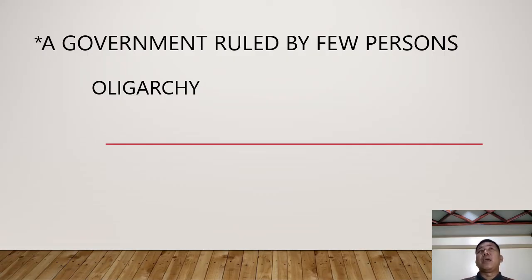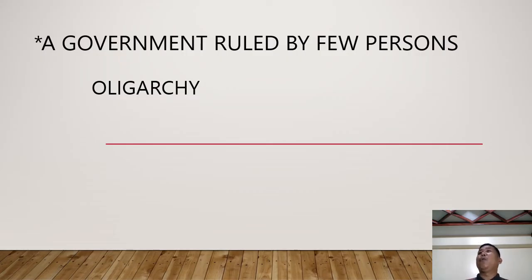Though they are not sitting in the government, they are not running the affairs of the government, they place people who can run the government for themselves. So this is oligarchy, the rule of the rich, the famous, the elites.